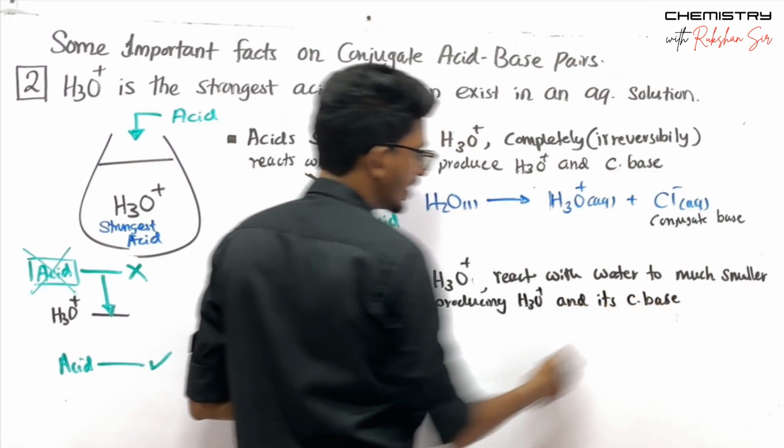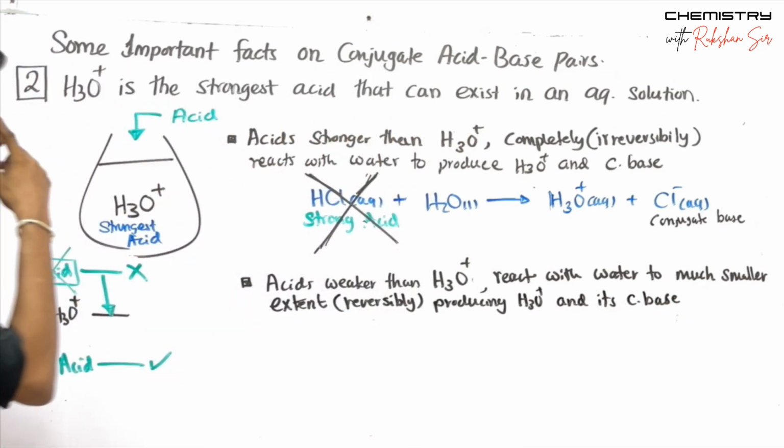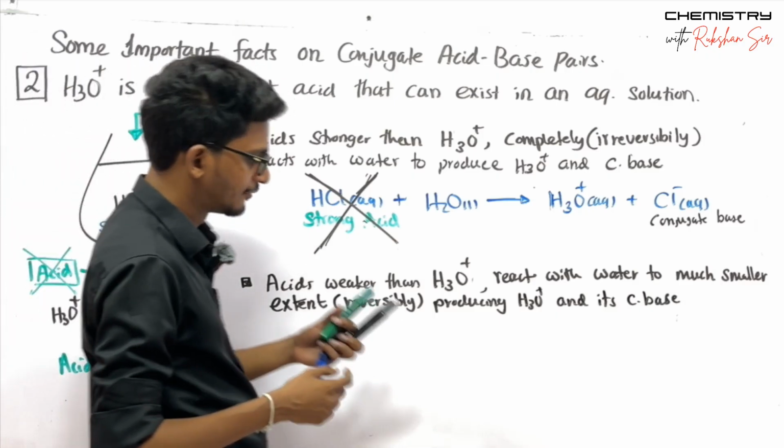As products, always the H3O plus and the conjugate base will be produced if you are an acid.